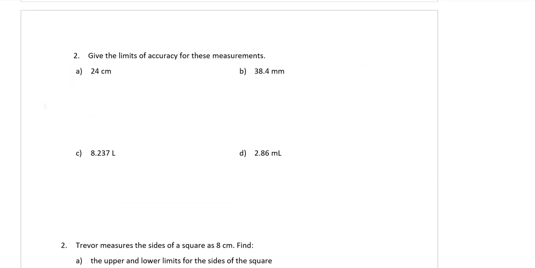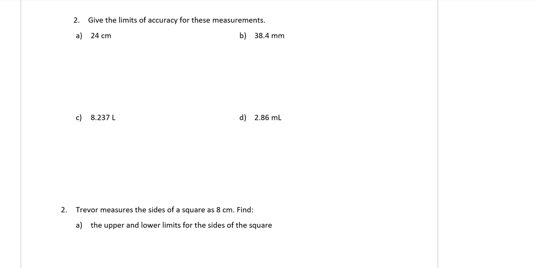Okay, what else can we do? So now that we know that our measurements can create errors, we want to be able to see just how far out our measurements could be. In question 2, we want to state what the limits of accuracy are for the measurements that have been given. So this is using that formula that the limit of accuracy is equal to plus or minus half the smaller unit of measurement.